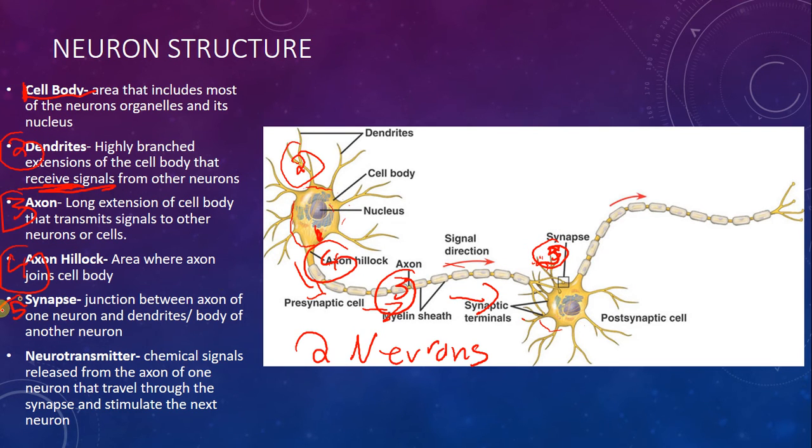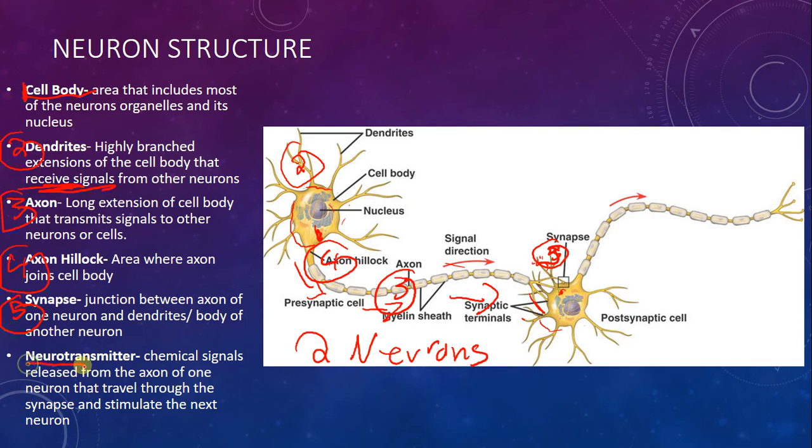So a synapse is the junction between an axon of one neuron and the dendrites or body of another neuron or cell. And there's actually a space in that synapse, the synaptic cleft. So there is a slight bit of space in between this cell body, these dendrites, and these axon terminals.